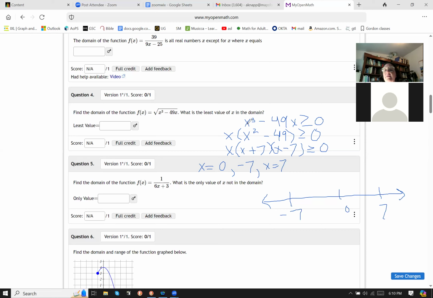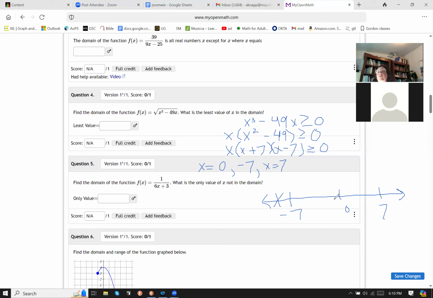So if we put negative 10 in here, negative 10 times negative 10 is 100, times negative 10 is negative 1,000, minus 49 times negative 10, so that would be plus 49. That gives us a negative number. It is not greater than or equal to 0, so we do not shade this region. Now we'll pick a number between negative 7 and 0.